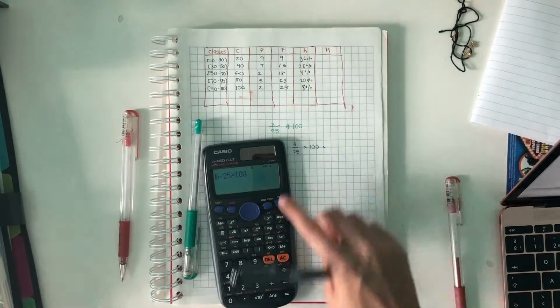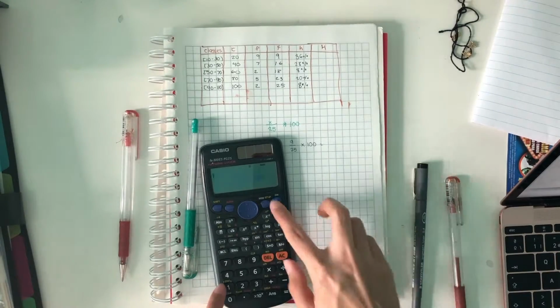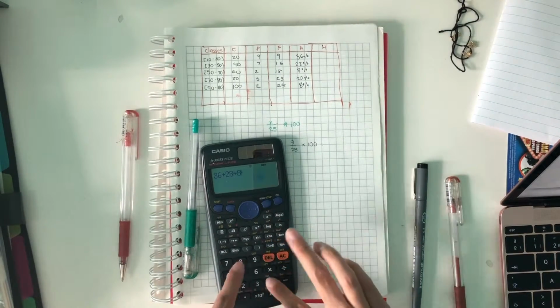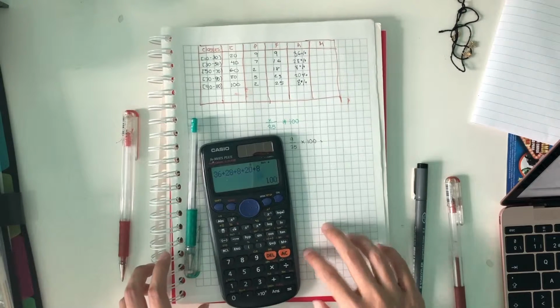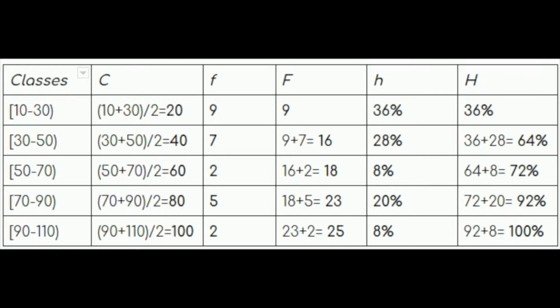We can add all of them up, and it will equal 100. Now, to find the cumulative relative frequency, you need to add the percentages from the relative frequency as you move from class to class. So here we have 36%, then 28 plus 36 is 64, then 64 plus 8, 72, 72 plus 20, 92, and 92 plus 8, 100.